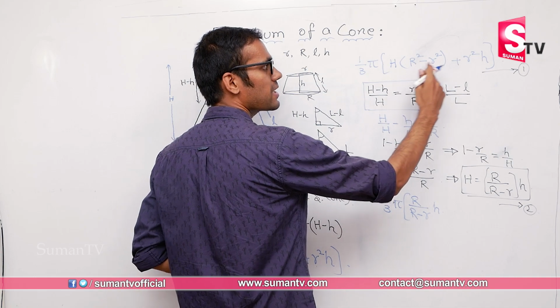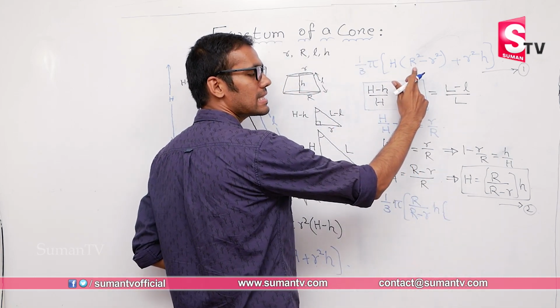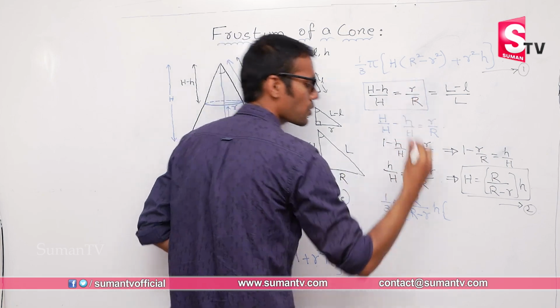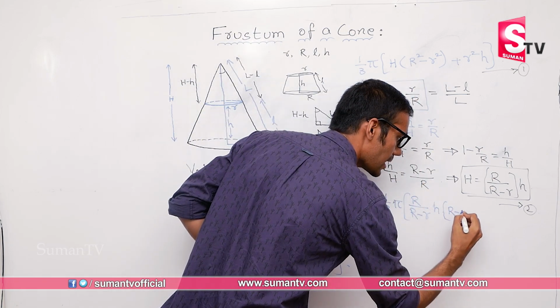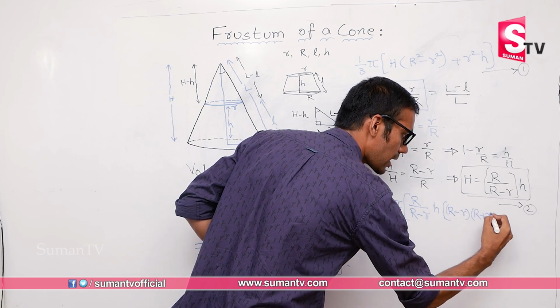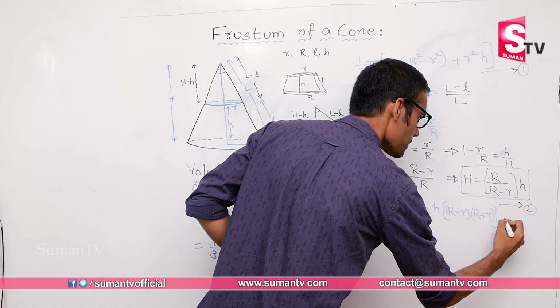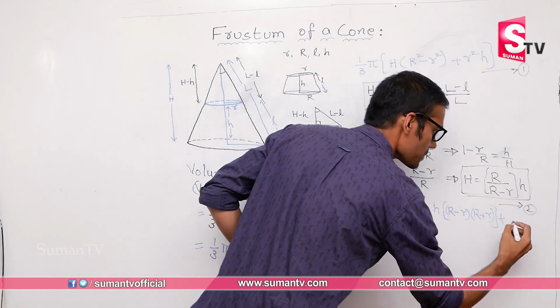And I already have capital R square minus small r square, which is in the form of a square minus b square. So I'll write it as capital R minus small r into capital R plus small r. And I already have plus r square h.